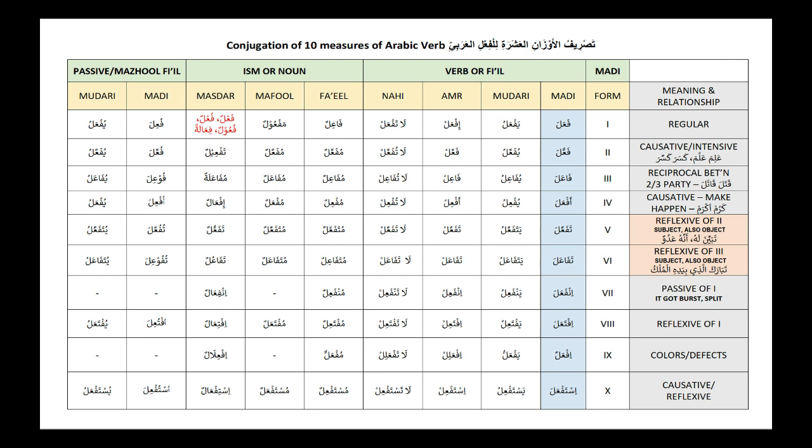Our next focus in this lesson is to memorize the patterns, to memorize the conjugation of each form of verbs from form 1 to 10 following this template. In this template, we have 9 keys. There are 6 keys of verb here and 3 keys for ism here.